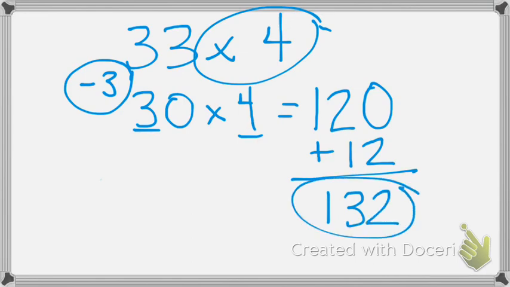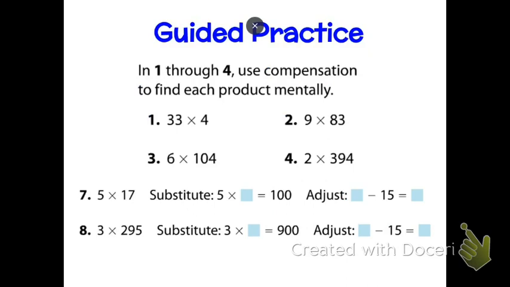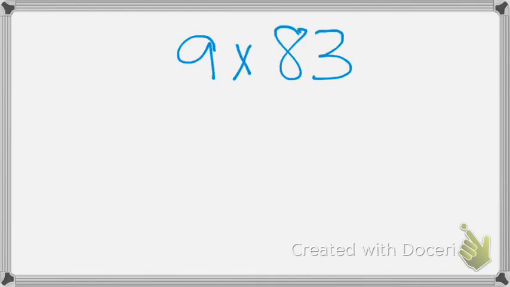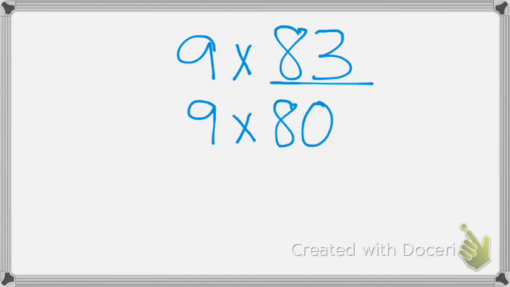Let's try another example. Let's look at number 2. 9 times 83. Now, on this problem, I have 83, which I see it's really close to saying 9 times 80. When I go to multiply this one, I'll do my basic facts of 9 times 8, which gives me 72, and then I bring that 0 back on the end.